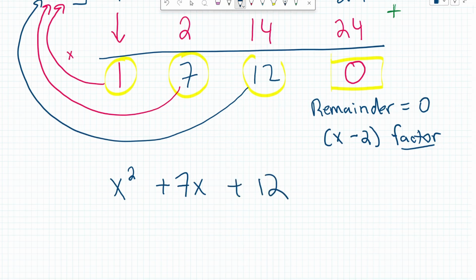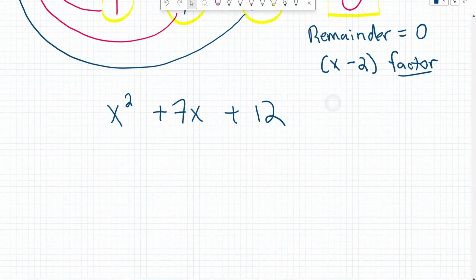Now we want to use the skills that we learned from the previous videos to factor this quadratic equation. The first thing we notice is that our leading coefficient equals 1. That means that we can use the quick and easy version of the product sum rule, if it allows. So our product equals 12 and our sum equals 7.